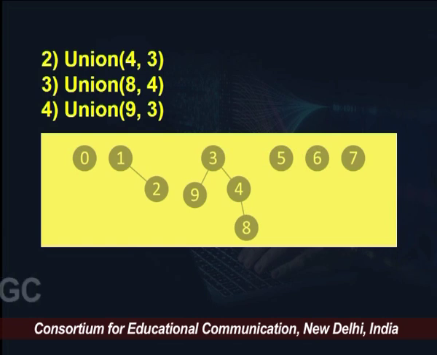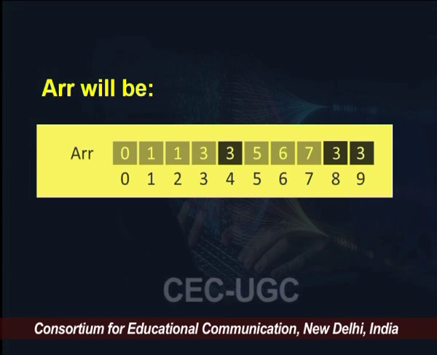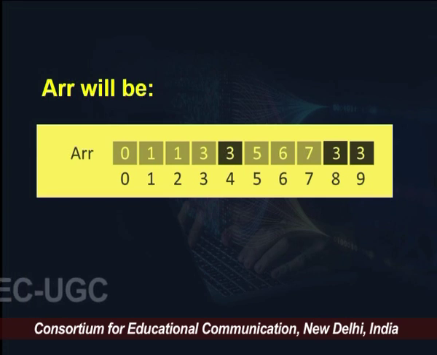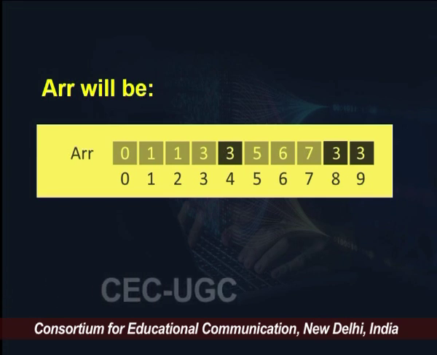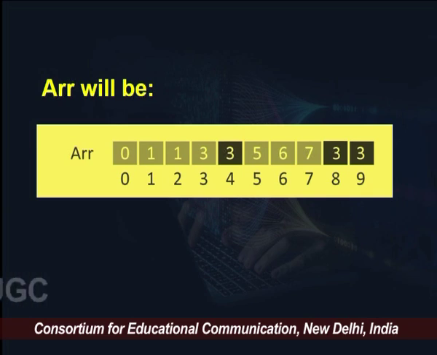So now the array which will look different from the previous one is: for 0 the representative is 0, for 1 the representative is 1, for 2 also the representative is 1, for 3 the representative is 3 of course, for 4 the representative is 3, because now 3, 4, 8 and 9 belong to the same set whose representative is the smallest element as per the convention, which is 3 here.